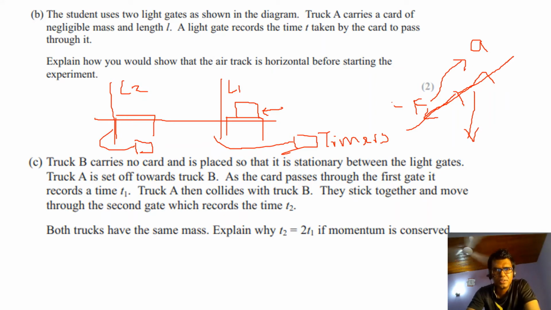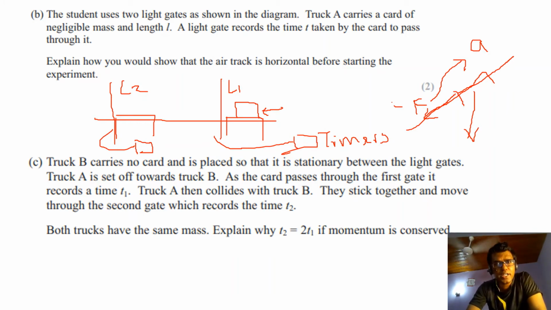Now what happens is, when the cart passes through the light gate, the cart crosses the light beam, right? When it blocks the light beam first, the timer starts, and then when the cart has passed the light beam, the timer stops.